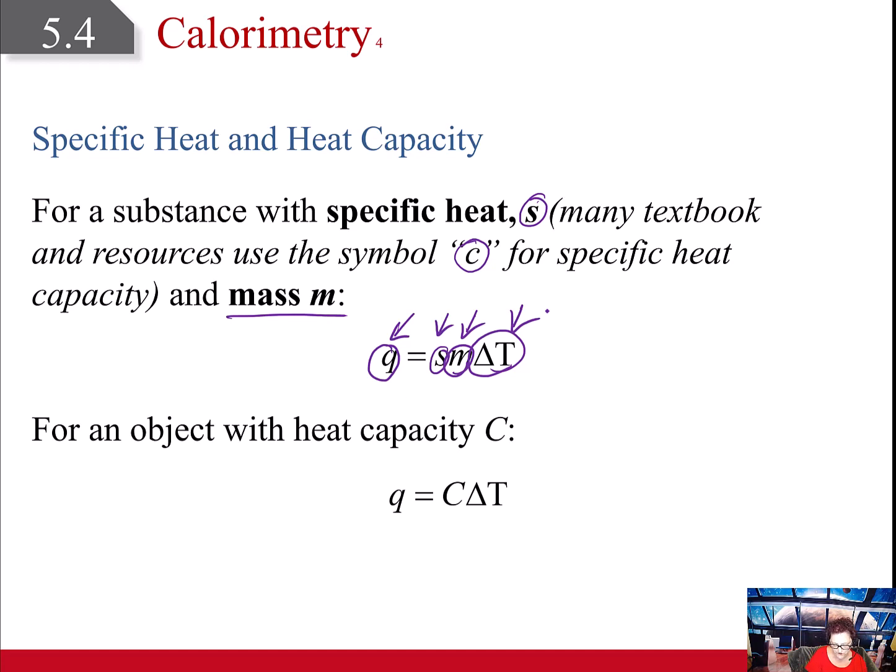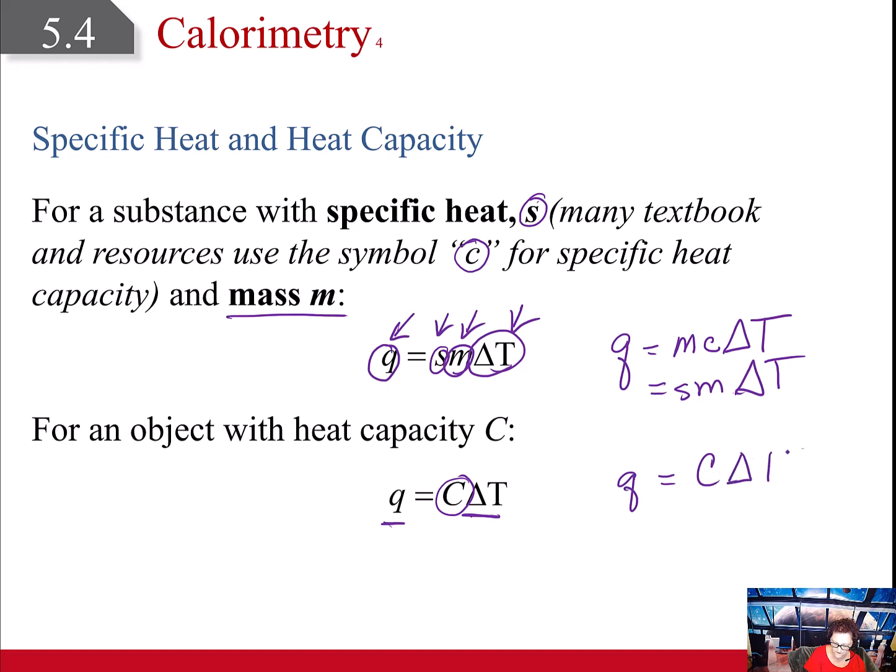And then you can calculate the heat capacity times delta T. So there are two separate formulas, and you may see them written like that, or like that. Notice that with this one you're not going to be worried about the mass.